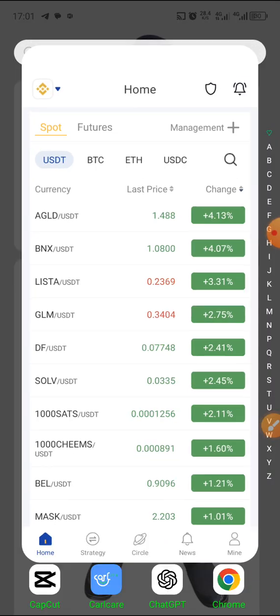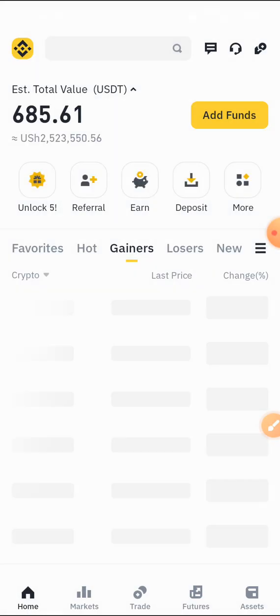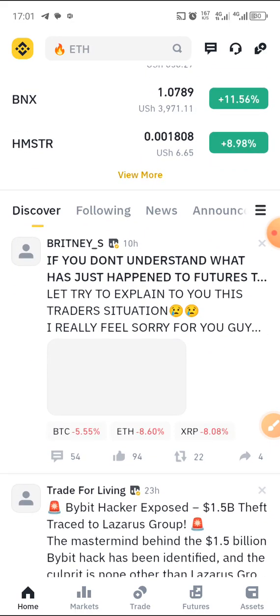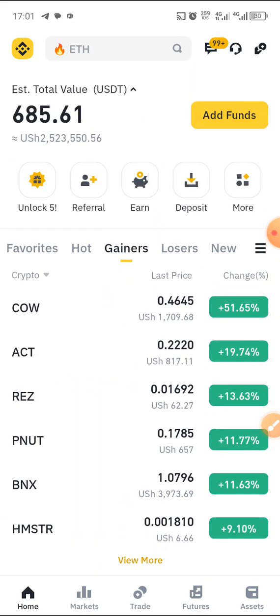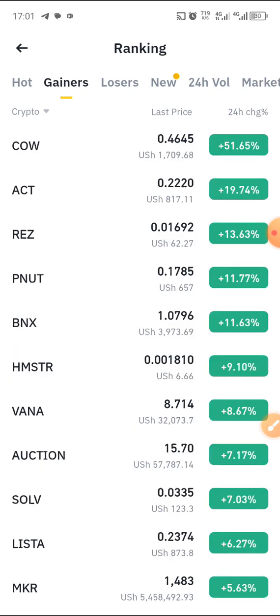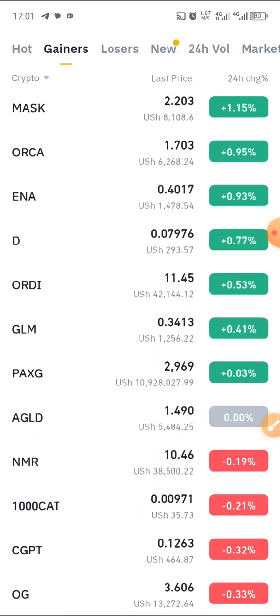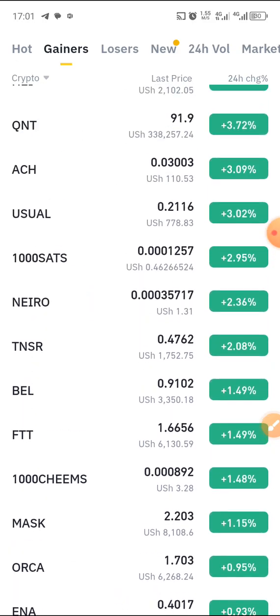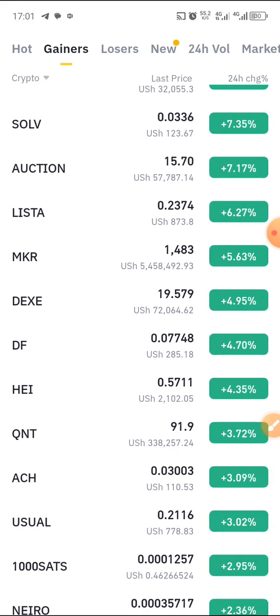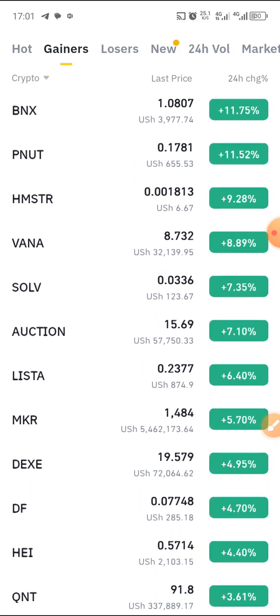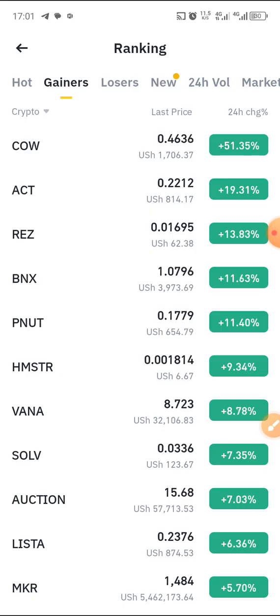If it is Binance, look for those coins like you see here. This list here, these are the top gainers. So you can note them, that Dexay, Lister, Vana, and so on, Peanut, BNX, you note them down.